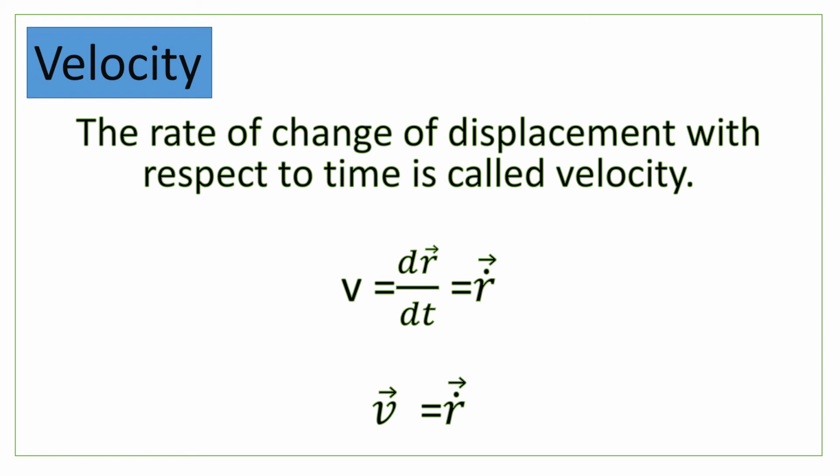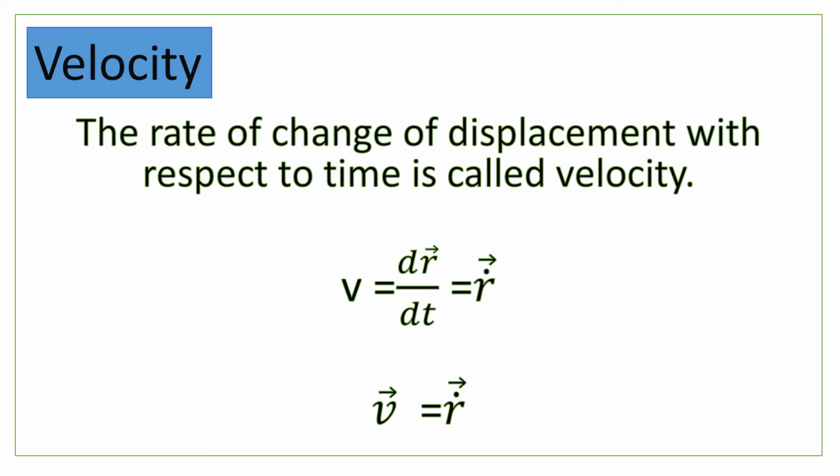It means that if I have to move 5 kilometers in some specific direction, east, and the time is specified as 10 seconds or 1 minute or 60 seconds, then in that interval of time I have to cover the displacement at an equal rate divided by the time, and that is called velocity.